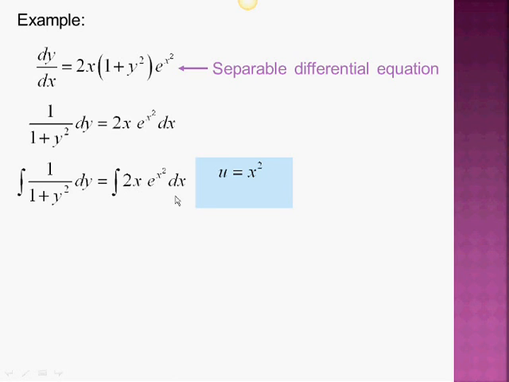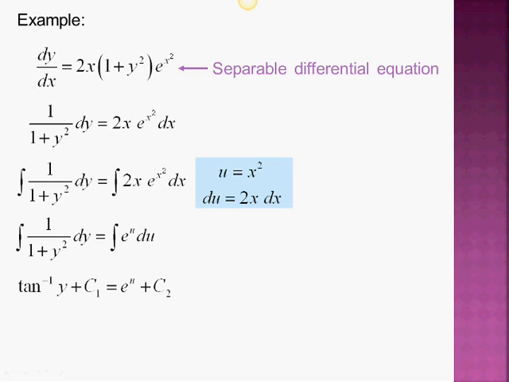So let's set u equal to x squared. Therefore du would be 2x dx, and I can rewrite it as the integral of e to the u du, which has the antiderivative of just e to the u.